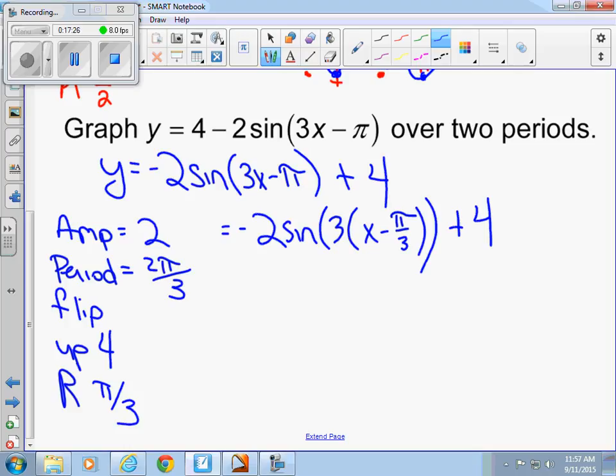So this one has everything going on. Questions so far? So I'm going to sketch it with the amplitude, period and the reflection first. It is a sine graph.